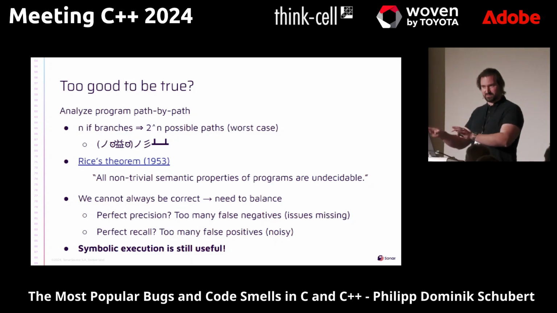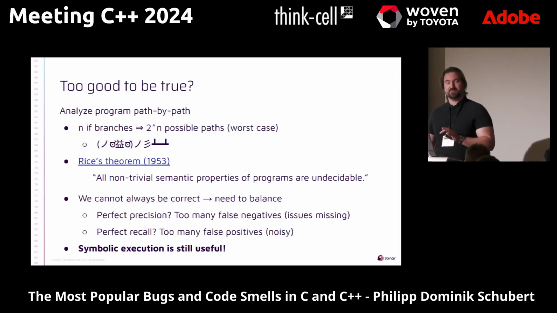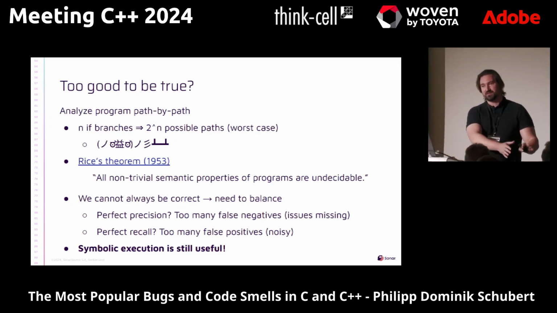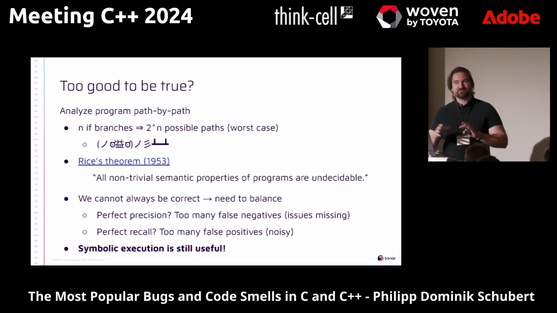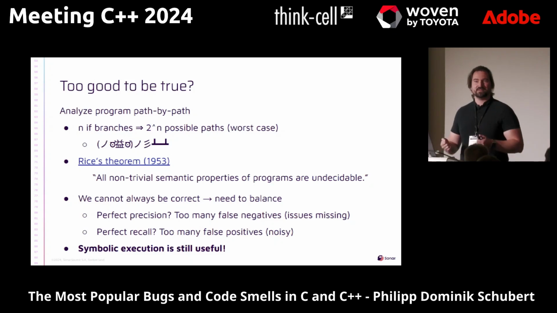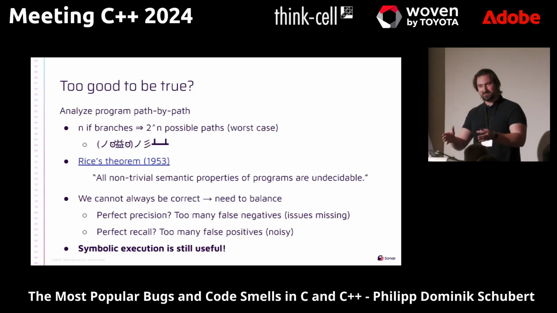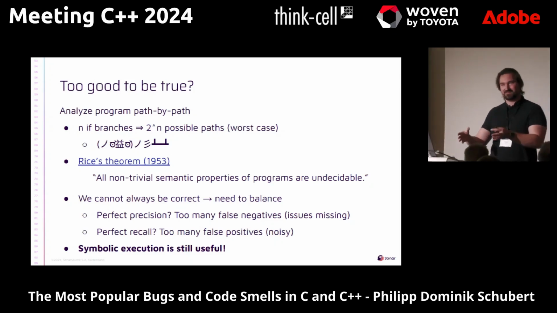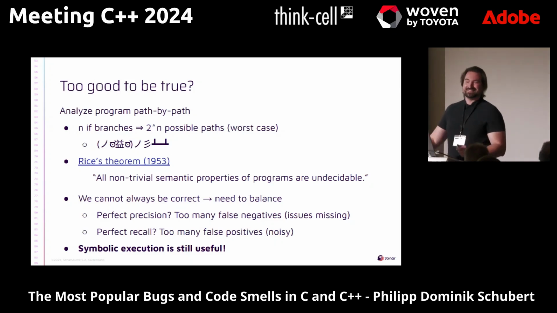We want to achieve perfect precision, and therefore, if we are not sure, we say, hey, it's a bug, right? But if developers enter the office at 8 o'clock in the morning and they are confronted with 100,000 bugs that the analyzer found, they have a really bad day, and they probably just close the laptop and no longer use that tool. Right, so that is not going to happen.